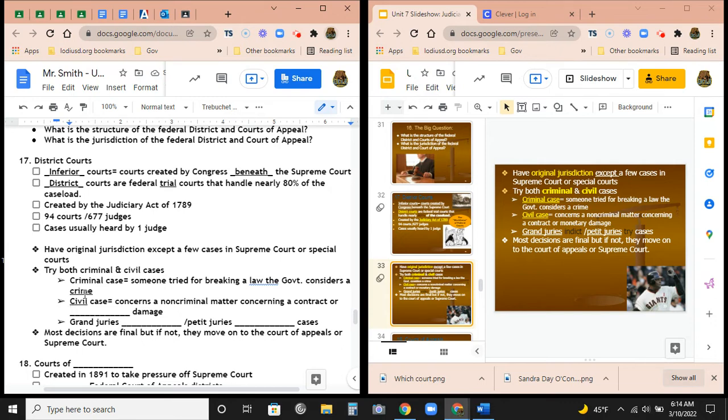All right. And typically, it can range from small claims to big lawsuits, class action suits too. Grand juries indict. That means they bring charges forward. So you spell indict, INDICT.